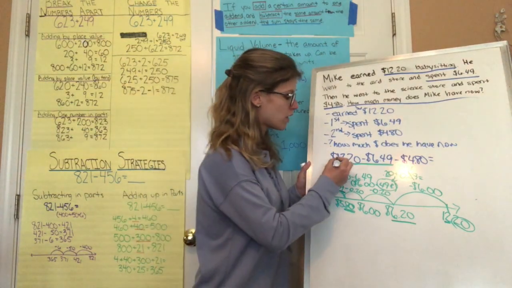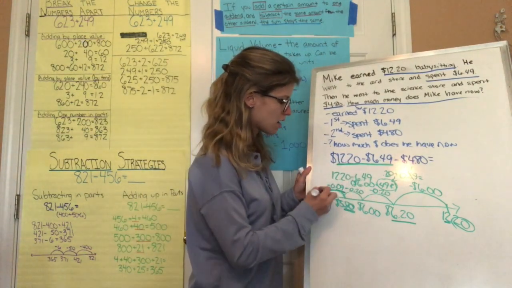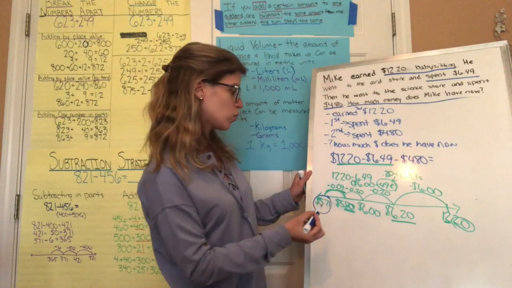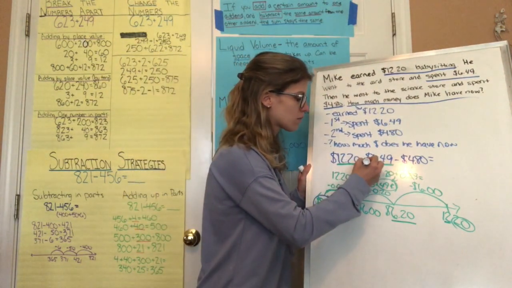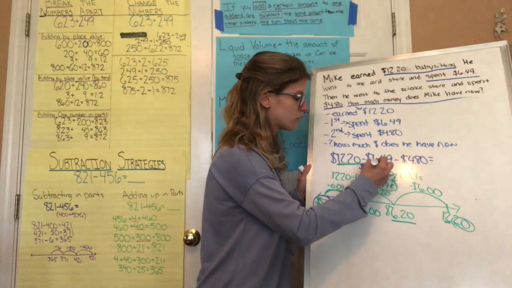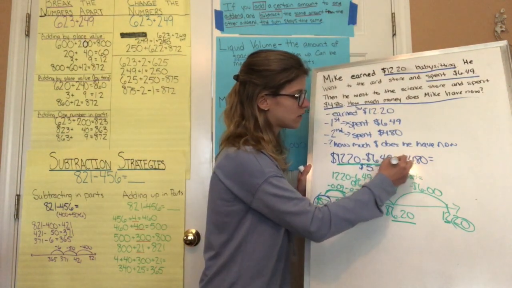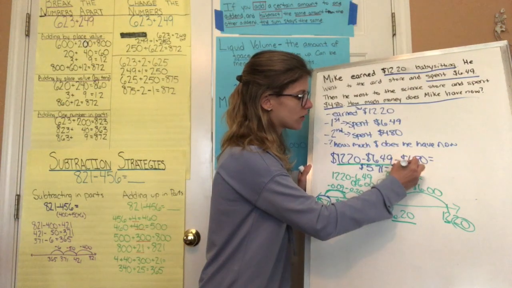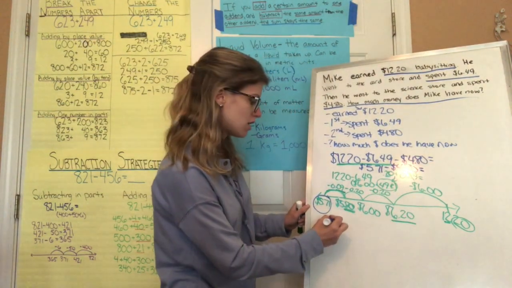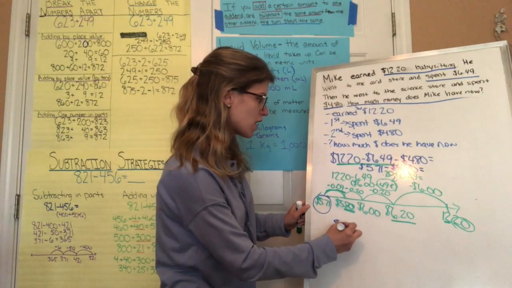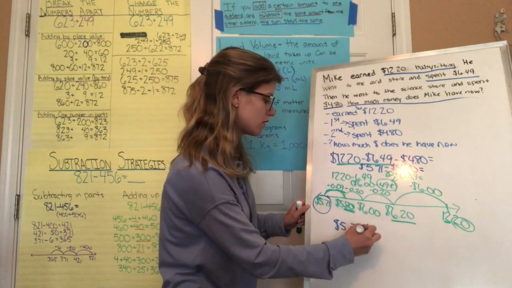So I need to come up here, and I see that I got $12.20 minus $6.49 is $5.71. And I still need to take away $4.80. So I'm going to solve that right down here to show $5.71 minus $4.80.